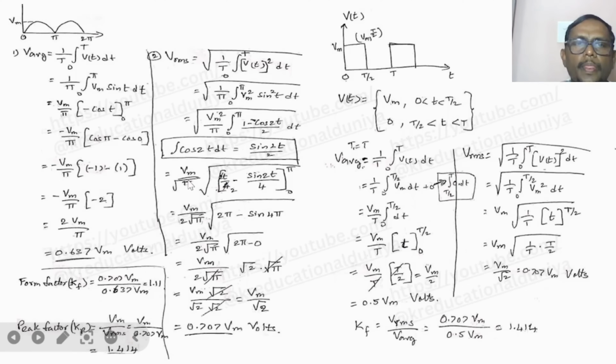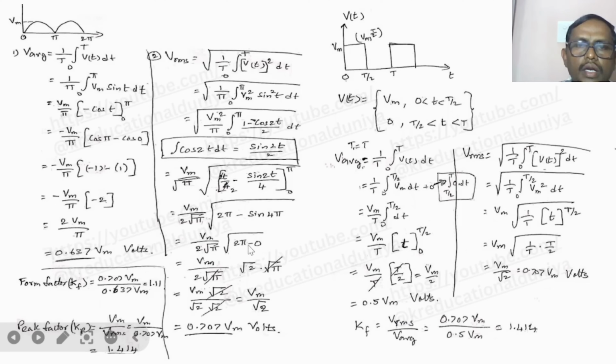Here, after substituting these values, you get Vm by 2 root pi into under root 2 pi minus sine 4 pi, and sine 4 pi is nothing but 0, so 2 pi minus 0, that is under root 2 pi.